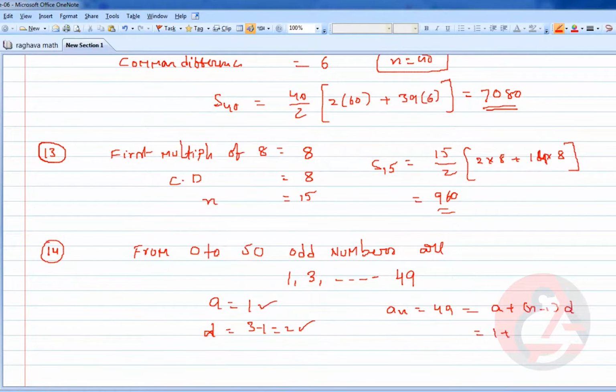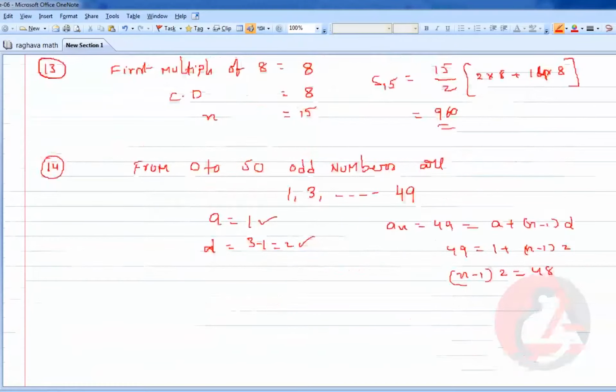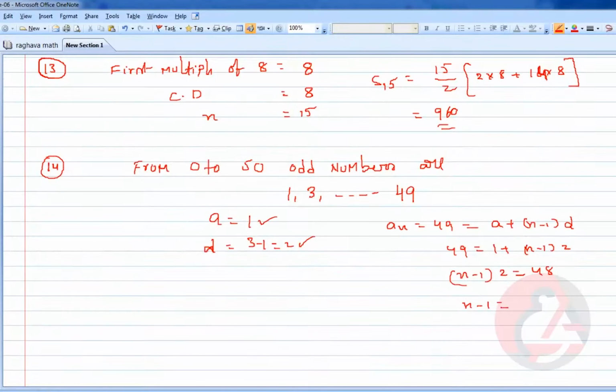So 1 plus n minus 1 into 2 is 49. So n minus 1 into 2 is equal to 48. N minus 1 is equal to 24. N is equal to 25. So there are 25 odd numbers between 0 and 50. So I want S25. Find out the S25 value.